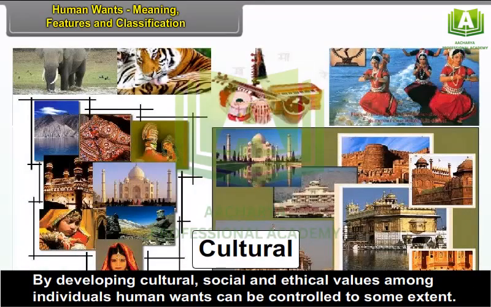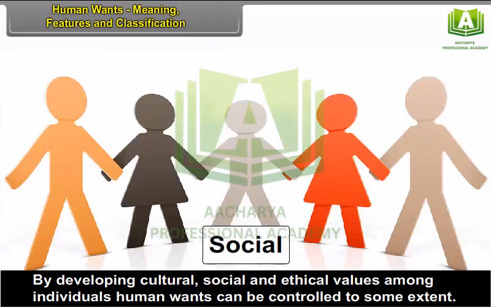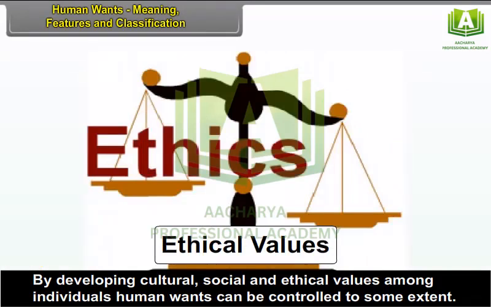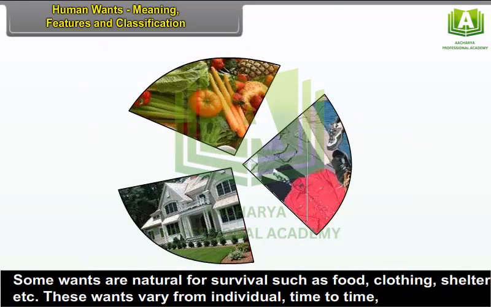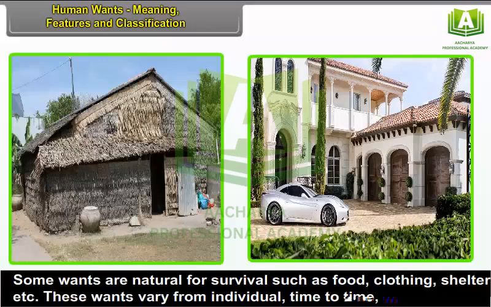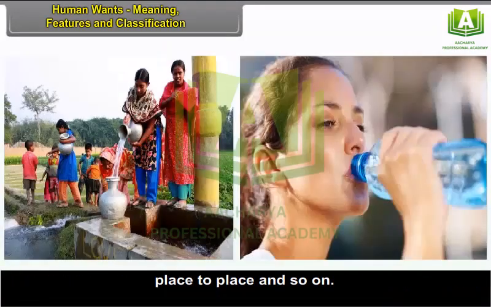By developing cultural, social and ethical values among individuals, human wants can be controlled to some extent. Some wants are natural for survival, such as food, clothing, shelter, etc. These wants vary from individual to individual, time to time, place to place, and so on.